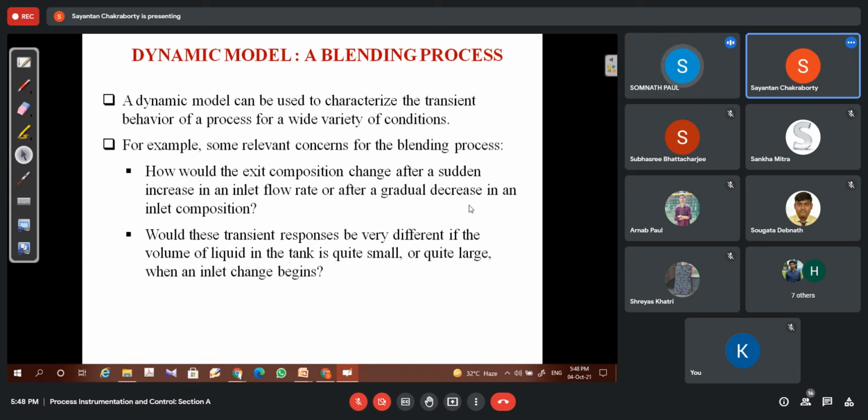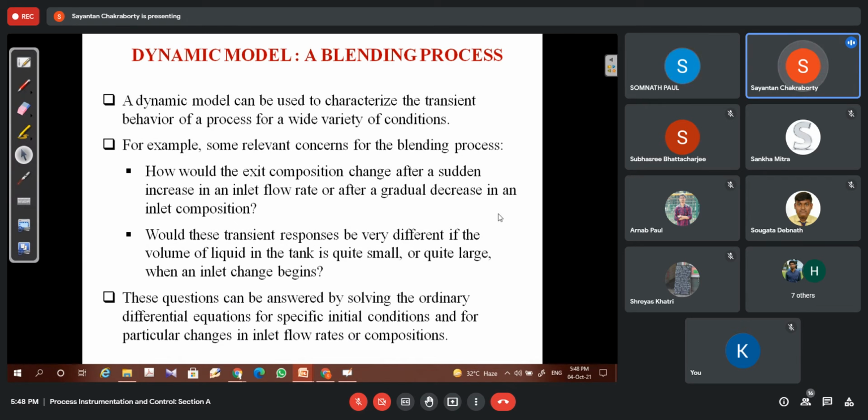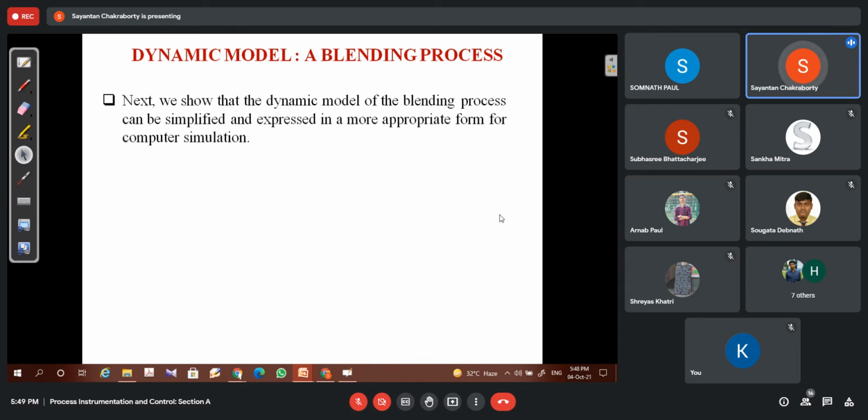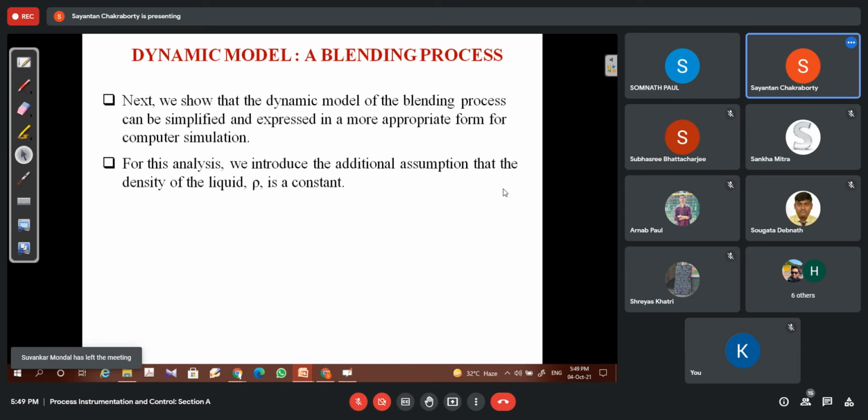But we all know that deriving the dynamic equations may not always be suitable. So what we intend to do now is to obtain a model that will be universal. We have to obtain that model in a form more appropriate for computer simulation, and for that, we introduce a further additional assumption: the density of the liquid.